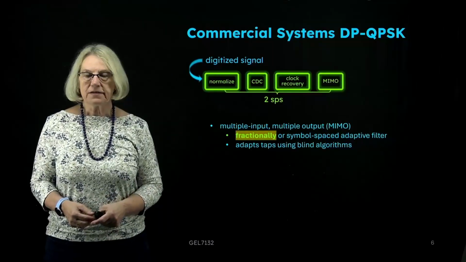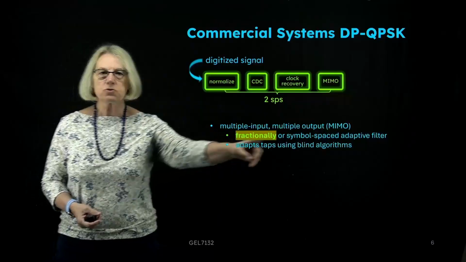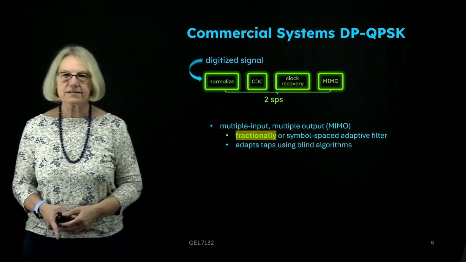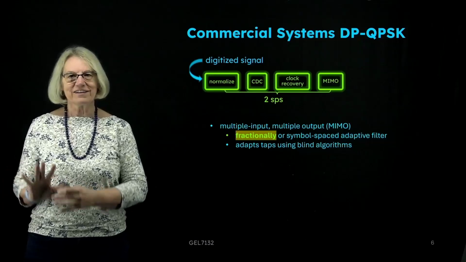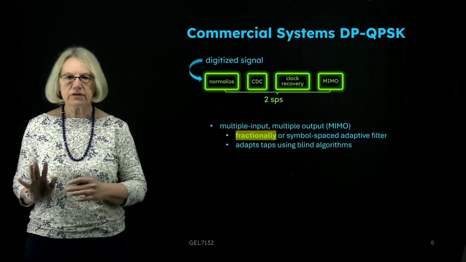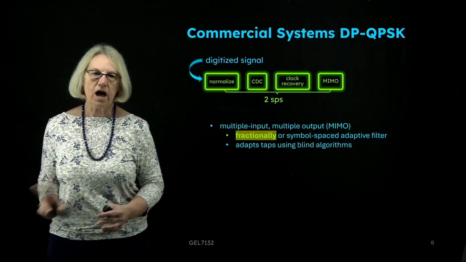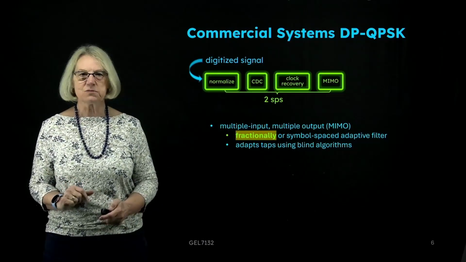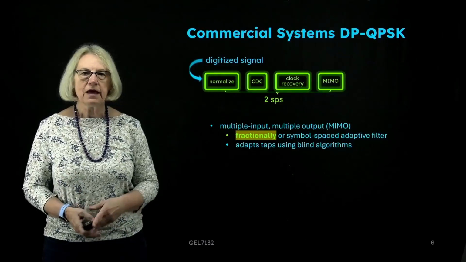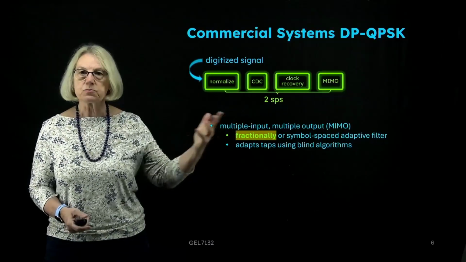The next step in this commercial system is what we call multiple input, multiple output, or MIMO processing. And we'll get into MIMO processing a lot more in some later lectures, but for now I just want to mention that there are 2 varieties of MIMO. It could be fractionally spaced adaptive filtering, and that would be the case where it's running at something like 2 samples per symbol.